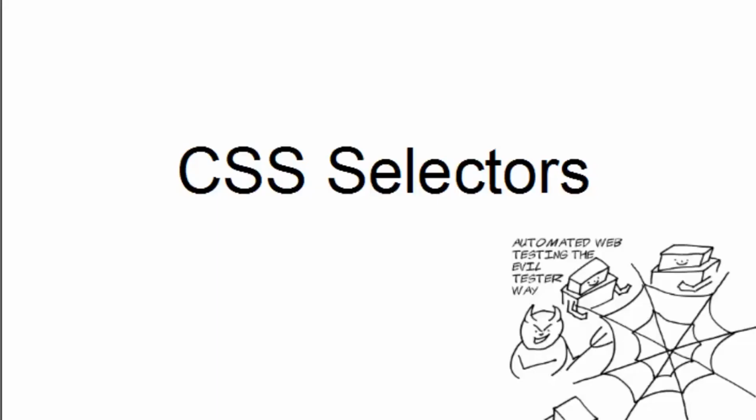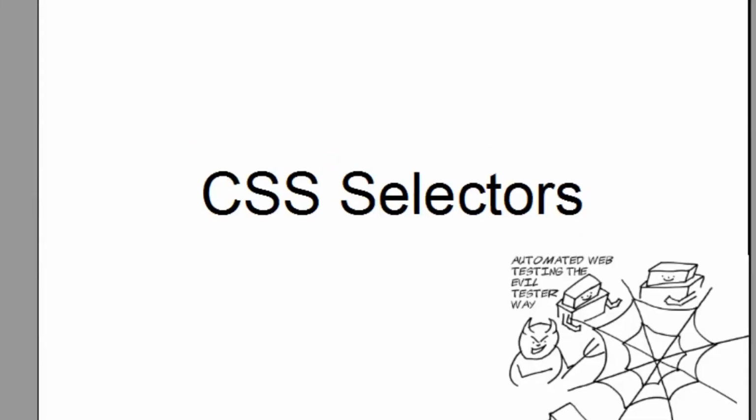Now let's learn about CSS selectors. In the olden days, when we worked with Selenium RC, I'm old enough to remember the olden days, I used a lot of XPath. So XPath is my default way of constructing locators. CSS selectors have much of the flexibility of XPath and the benefit that they tend to be faster.